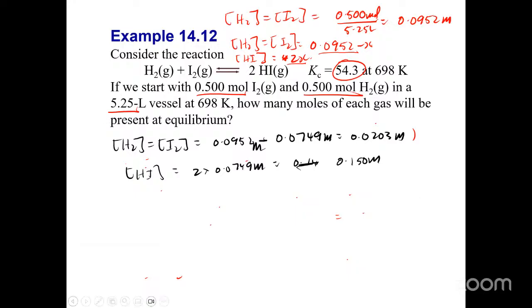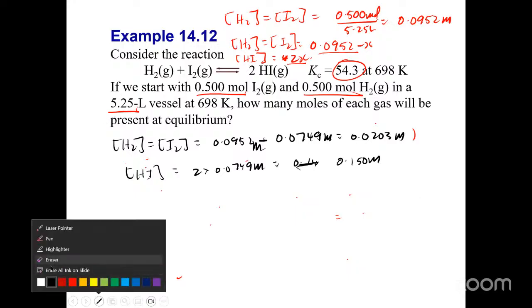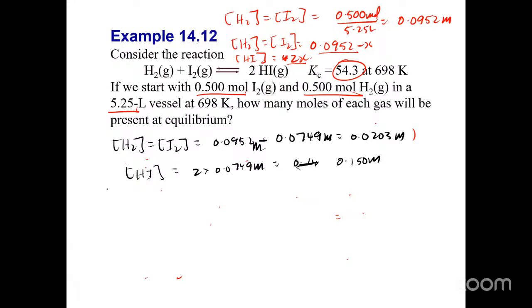So the moles of H2 at equilibrium. The number of moles of H2 will be equal to the number of moles of I2, and that's because they have the same molarity, which is 0.0203 M, which is the same thing as moles per liter, multiplied by the volume of the container, which is 5.25 liters.